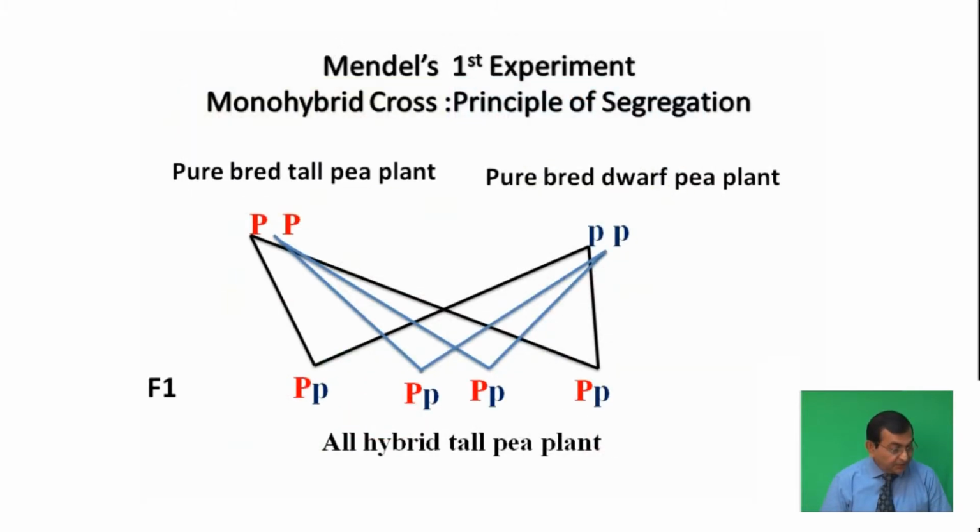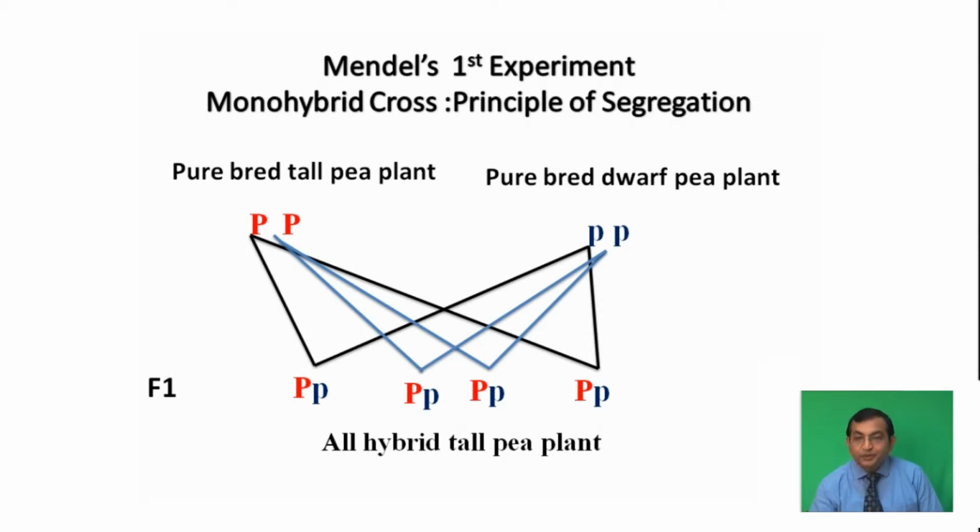Now Mendel's first experiment was the monohybrid cross. In this cross he selected a single contrasting character, that is, pure breed tall pea plant crossed with pure breed dwarf plant.